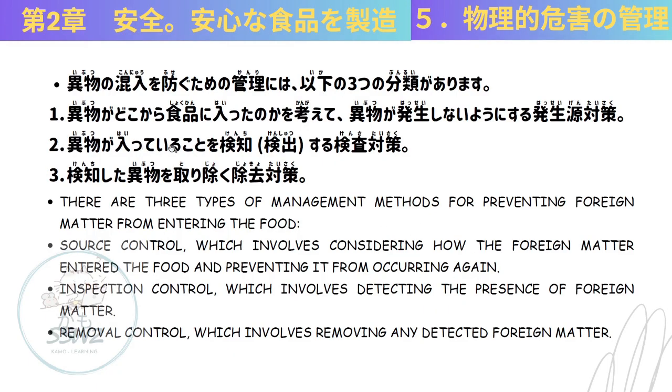Second, inspection: we need to inspect and see how the object got into the food we are manufacturing. Third, after finding the foreign material, we need to remove it.